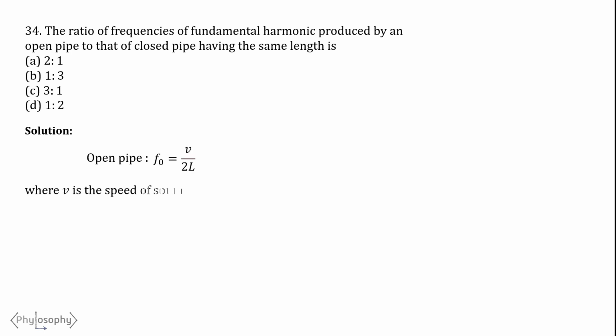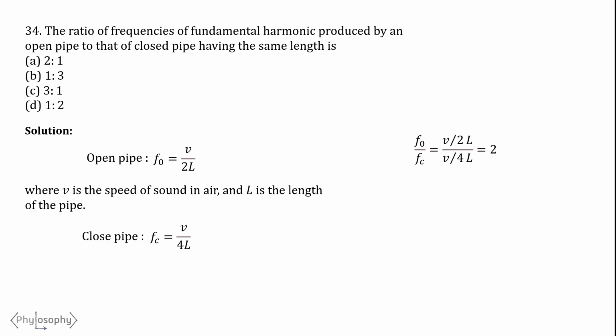Here V is the speed of sound in air and L is the length of the pipe. Again, the fundamental frequency for a closed pipe is given by Fc equals V over 4L. Therefore, the ratio F naught over Fc equals V over 2L by V over 4L, which equals 2. Therefore, option A is the correct answer.